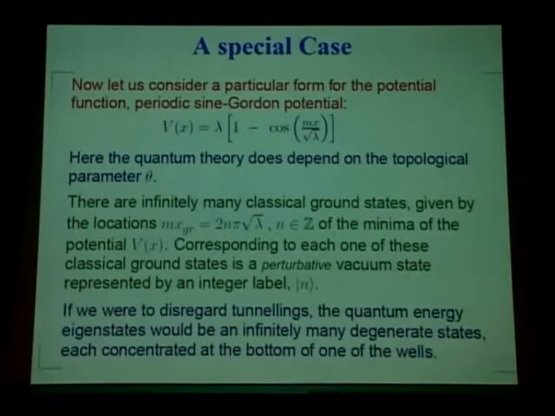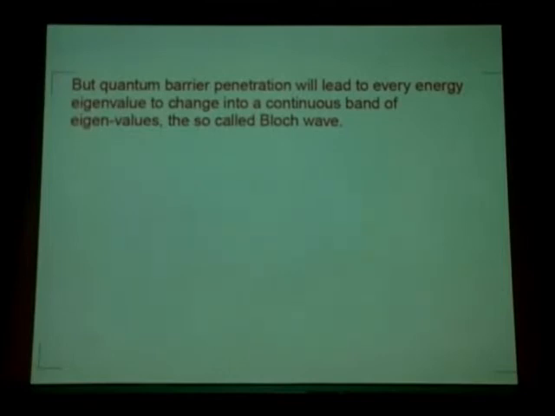If we were to ignore tunneling between these various vacua, then the quantum states would be infinitely many degenerate states, each concentrated at the bottom of these wells. But quantum barrier penetration will lead every energy eigenvalue to be changed into a continuous band of eigenvalues, the so-called Bloch wave.